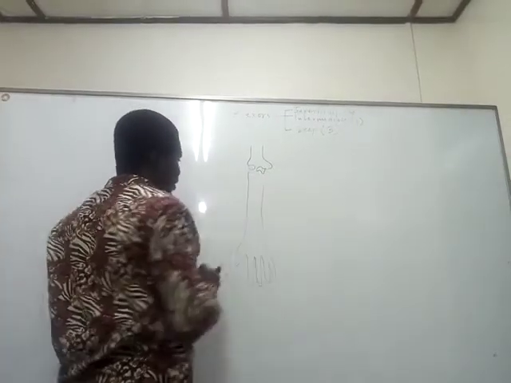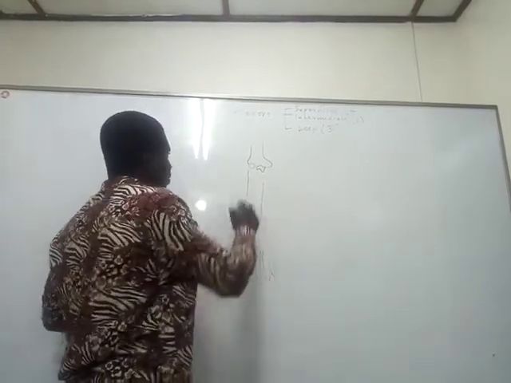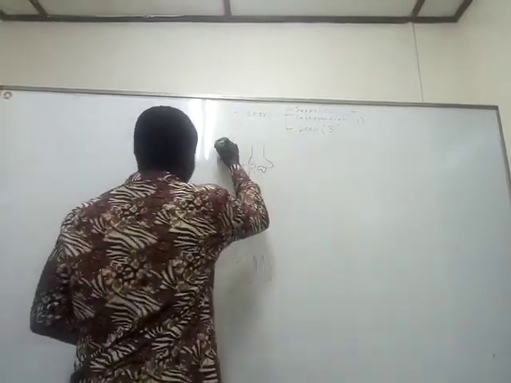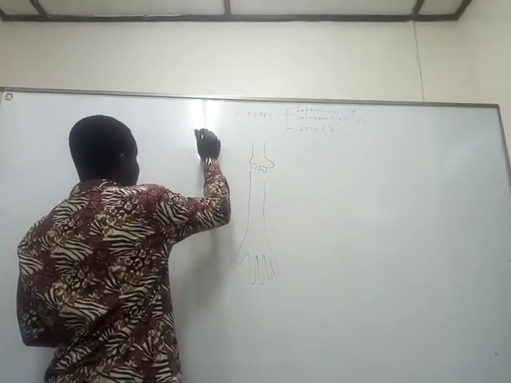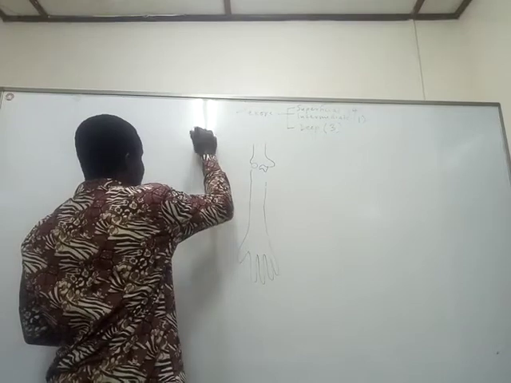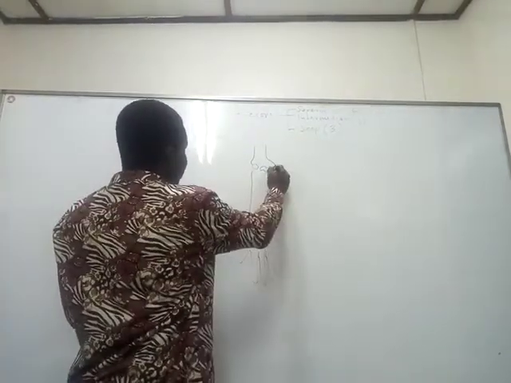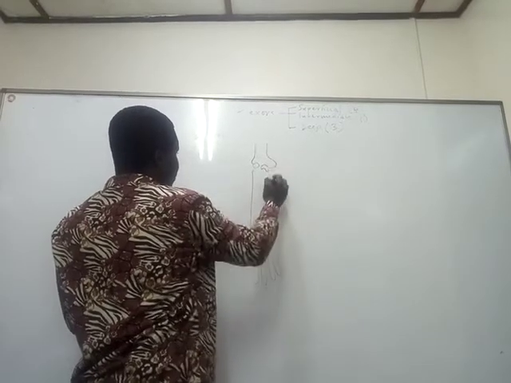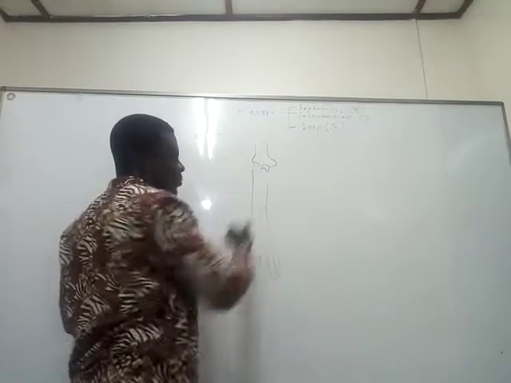Now, what happens is that these superficial muscles, this first one that we talk about, which is known as pronator teres, takes origin from the medial supracondylar ridge.